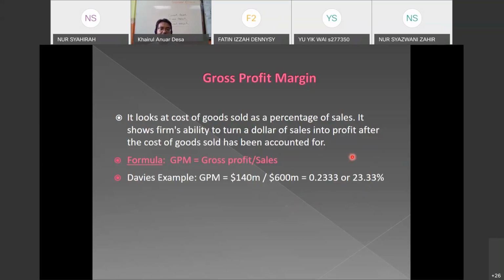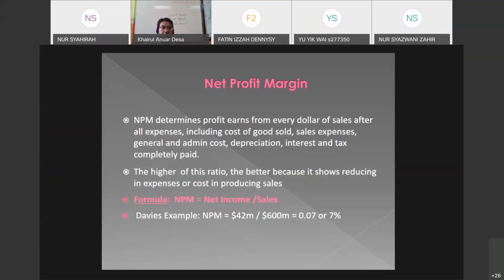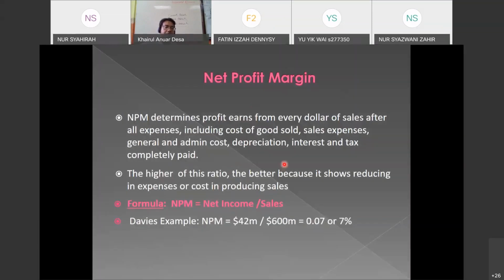Okay, daripada 7% itu adalah 1/3 daripada 23.33% dalam gross profit margin. Okay, ianya menunjukkan bahawa kos-kos operasi dan kos perbelanjaan lain di dalam syarikat ini juga sebenarnya adalah tinggi.